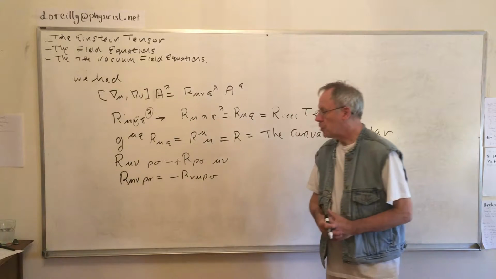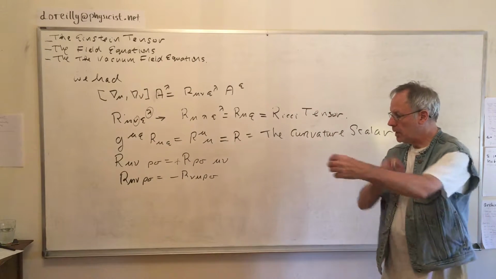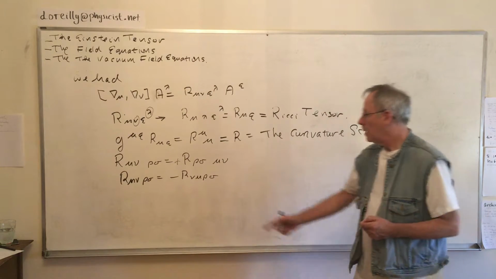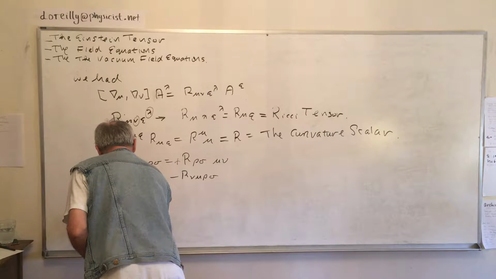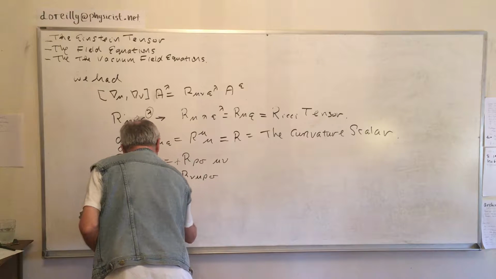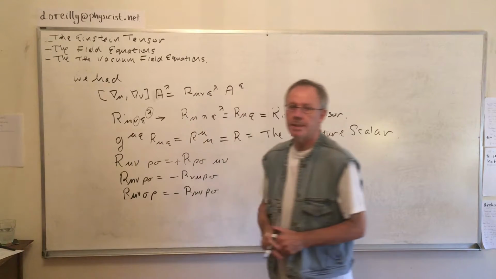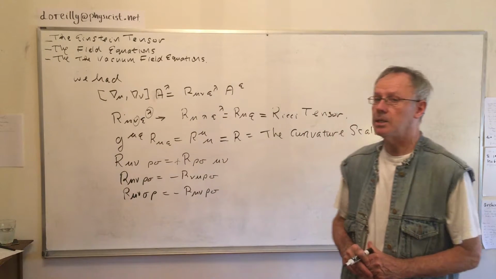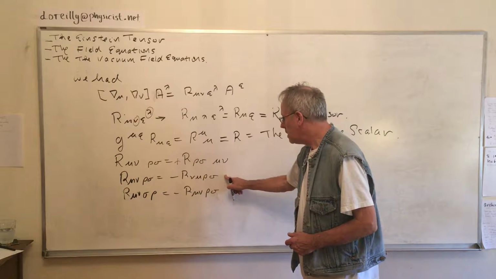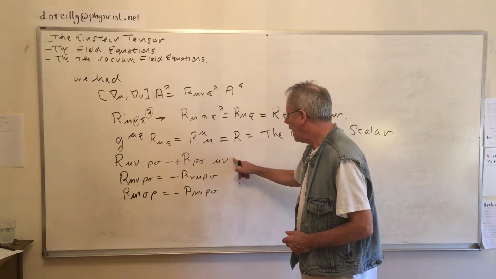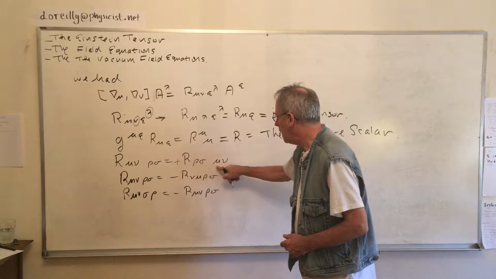Now there is an antisymmetry in the first two indices. If we interchange the first two indices, that is swap their positions, we pick up a minus sign. Similarly, there is an antisymmetry, did I say symmetry? No, antisymmetry in the last two indices. So antisymmetry in the first two indices and the last two indices, and symmetry in the pairs of first two and last two.